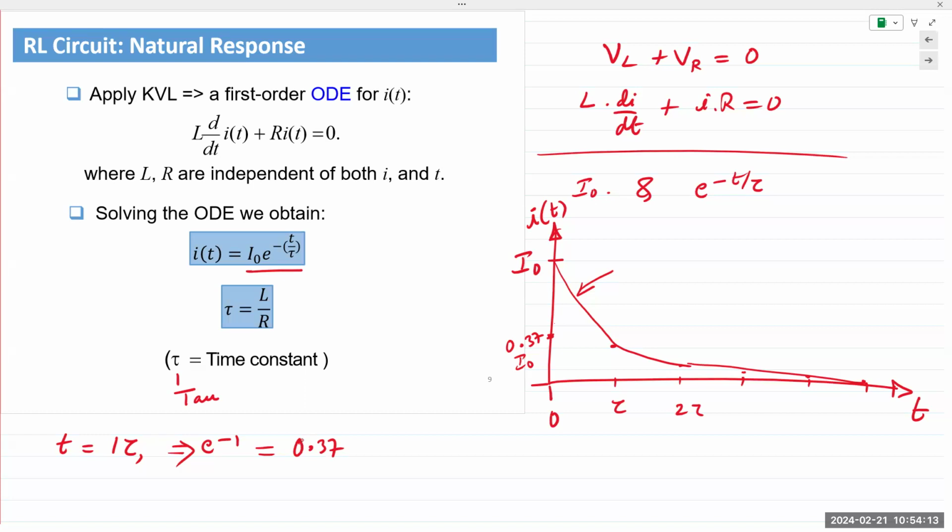You could plug in t as 1 million seconds or 1 million hours. You would still obtain a value for I of t: 0.000000000, and so on, and at the end you might have some digits. But for all intents and purposes, it's fully discharged. Mathematically, this does not describe everything because it can never go to 0. Does that make sense? So when do we put a stop to it?